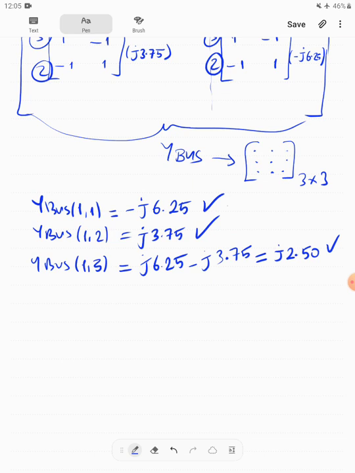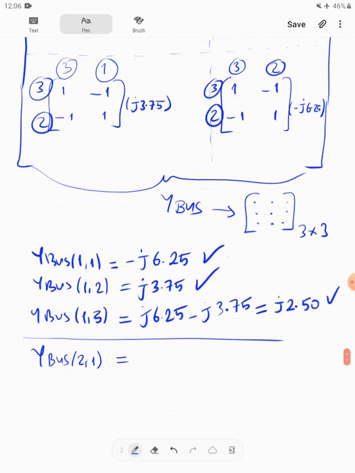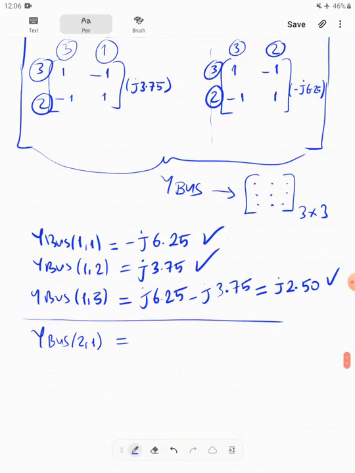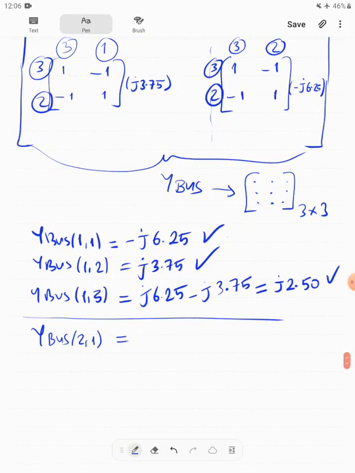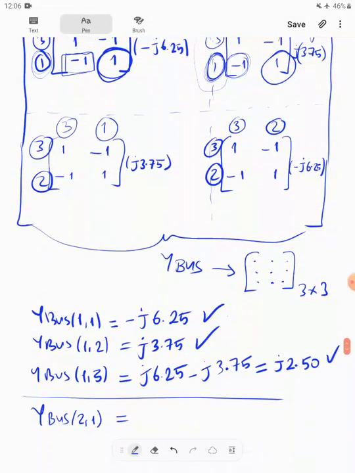What about the second row? Ybus 2,1, I mean second row, first column. Okay, let's check. Is there any entry whose row number is 2 and the column number is 1?